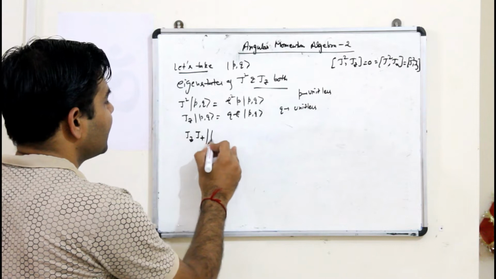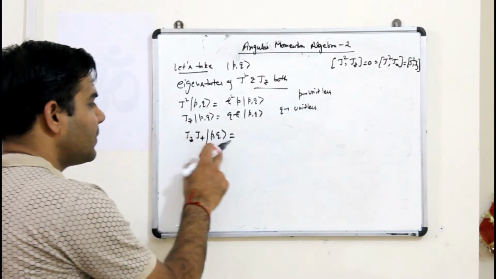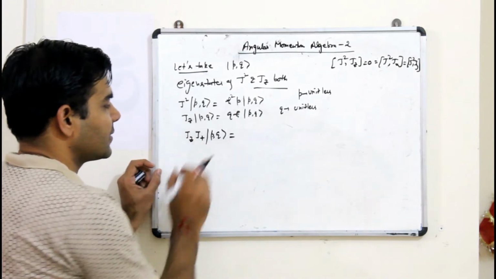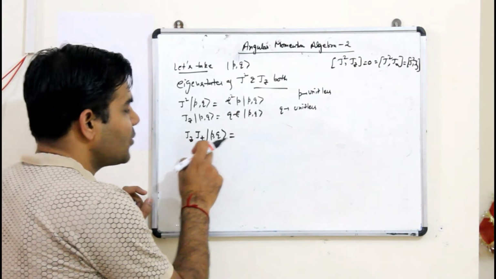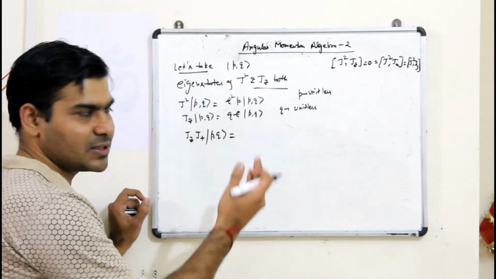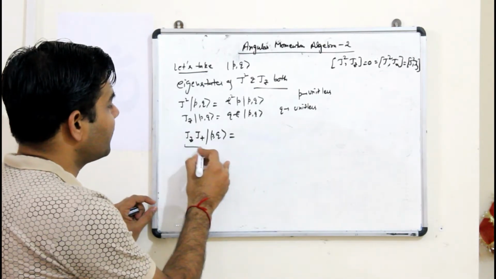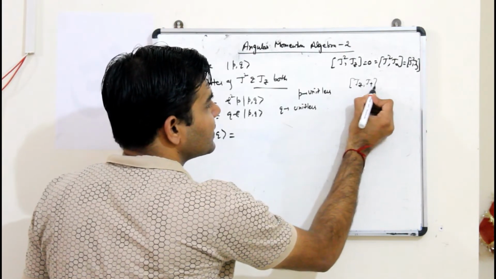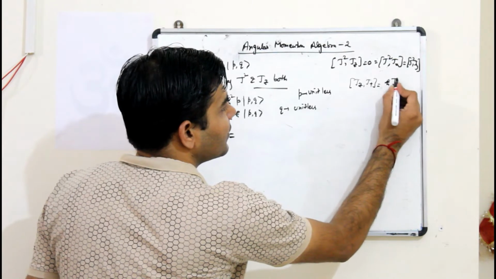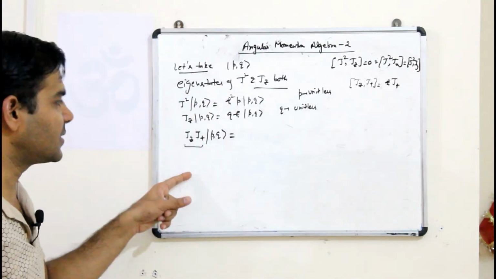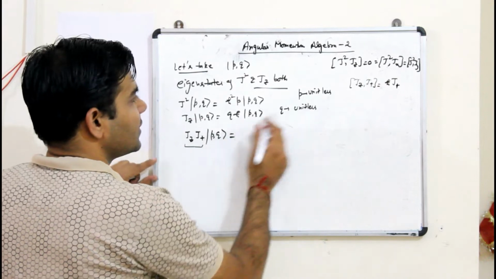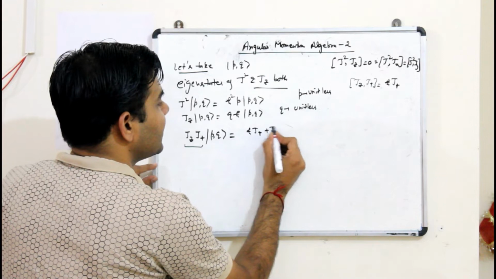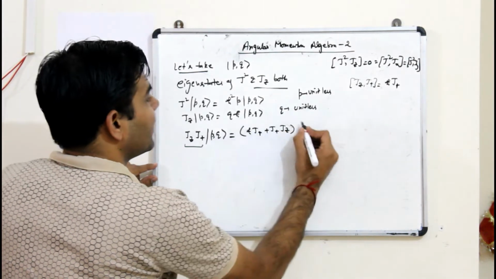The problem is that I don't know how J plus acts on |p,q>, but we know the commutation relation between Jz and J plus, which was [Jz, J+] = ħ J+. We had just derived this relation. So using this commutation relation, I can write Jz J+ as ħ J+ plus J+ Jz, acting on |p,q>.